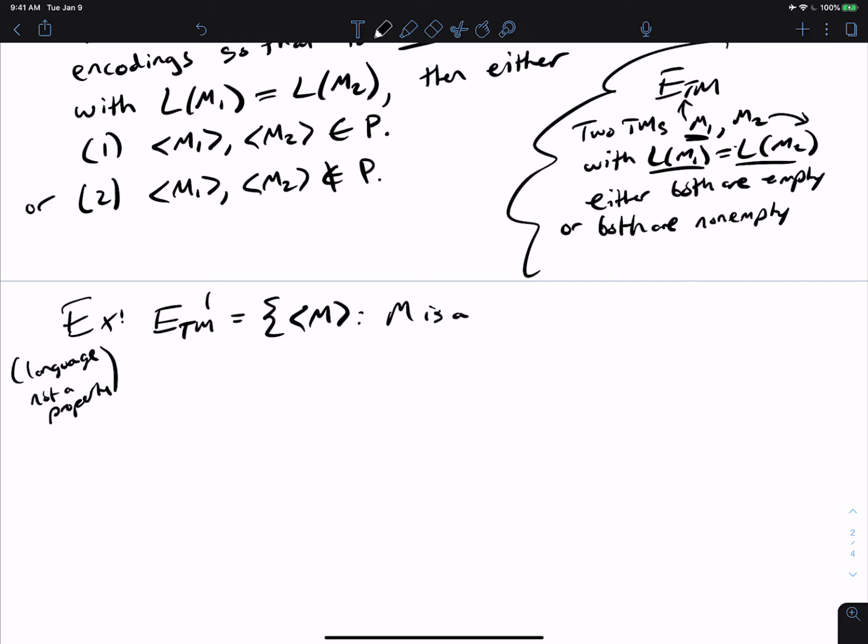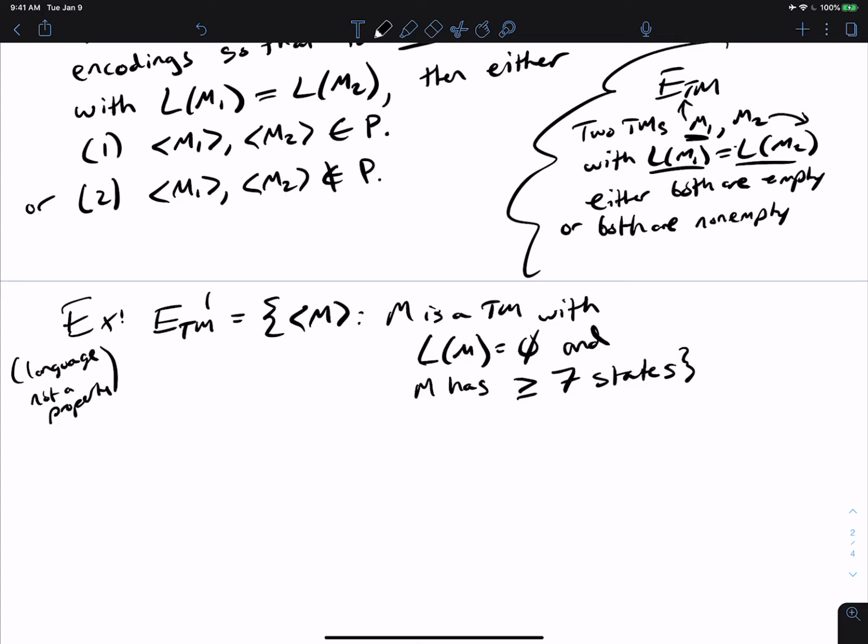M is a Turing machine with L of M equal to empty set, and M has at least 7 states. It doesn't have to be 7, but the key here is that we're introducing something that doesn't have anything to do with the language itself. It's about how the machine is made. It has at least 7 states.